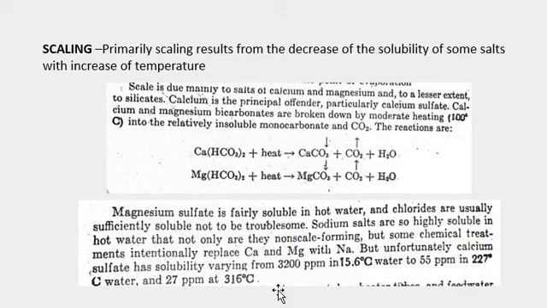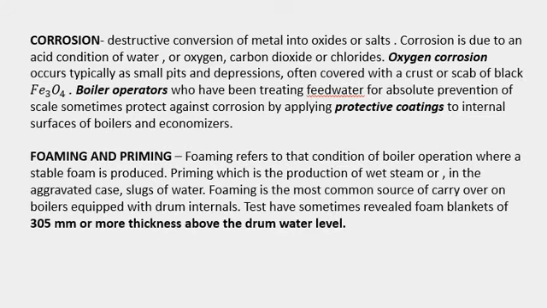Sodium salts are so highly soluble in hot water that not only are they non-scale forming, but some chemical treatments intentionally replace calcium and magnesium with sodium. Unfortunately, calcium sulfate has solubility varying from 3,200 ppm in 15.6 degrees Celsius water to 55 ppm at 227 degrees Celsius and 27 ppm at 316 degrees Celsius.